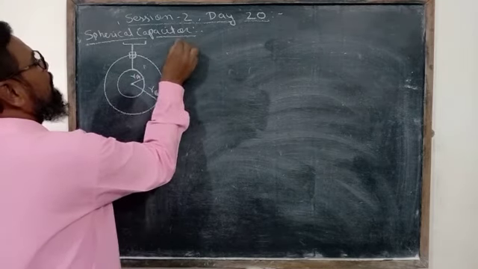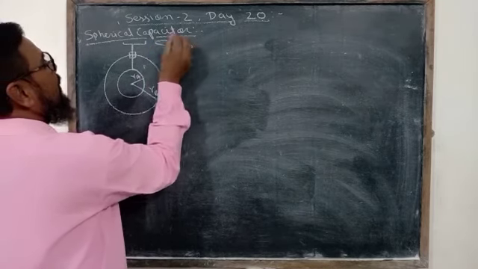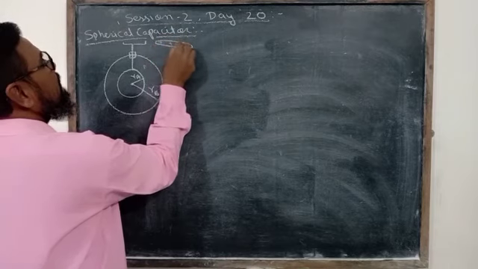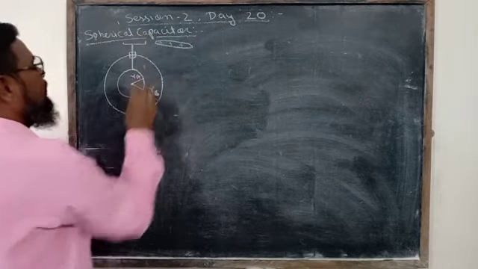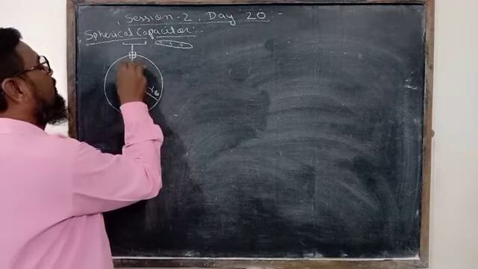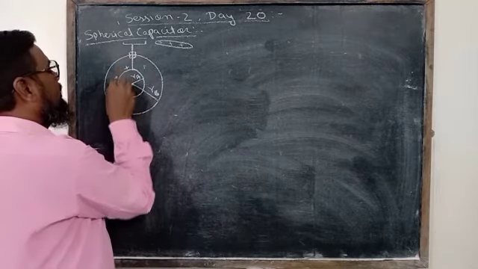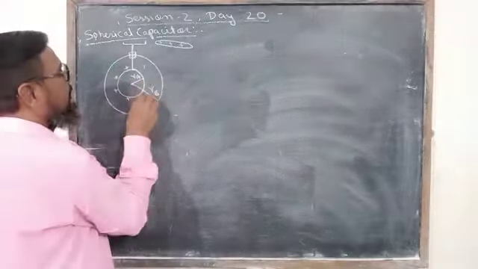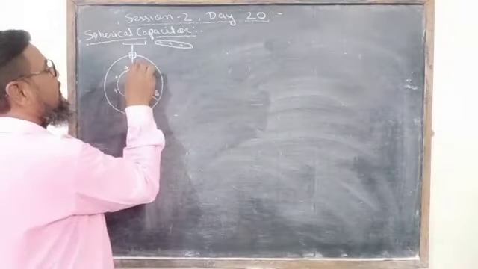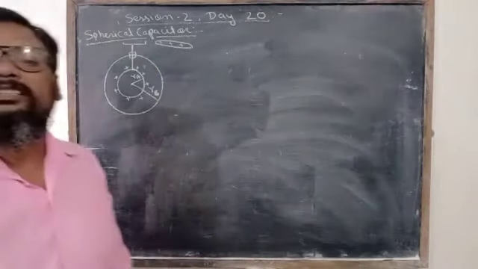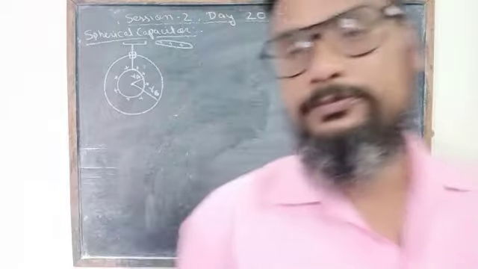Now we give some charge to the plate. This goes to the inner sphere and accumulates at its outer surface. No charge exists inside the sphere because it is hollow.